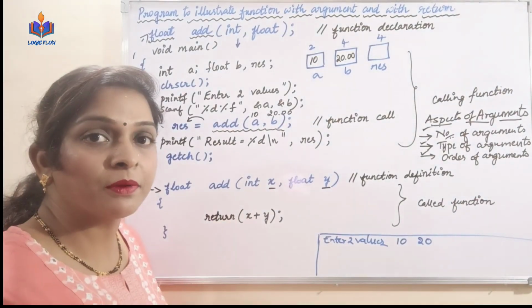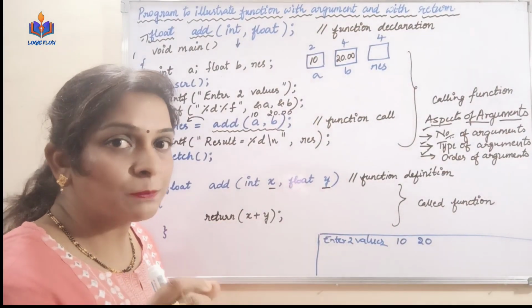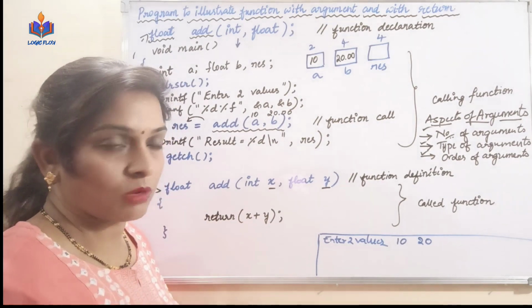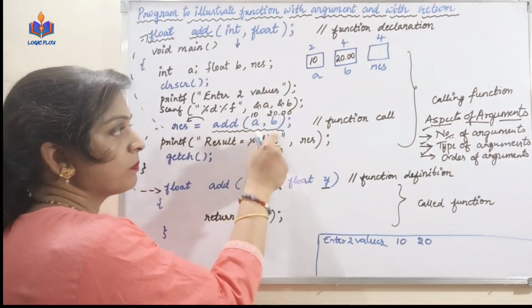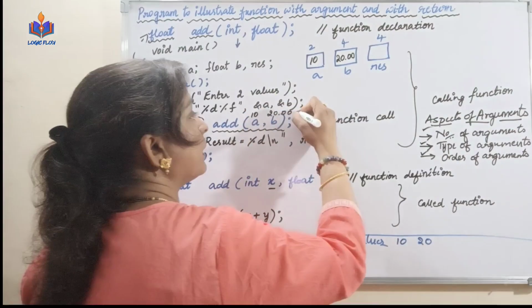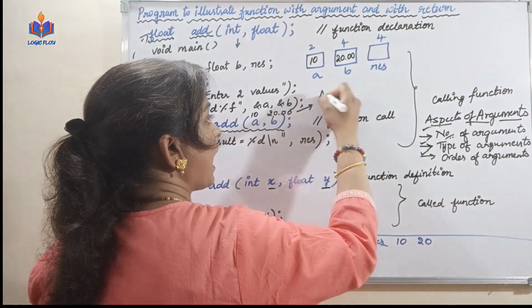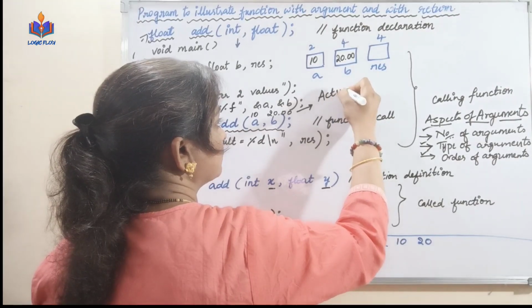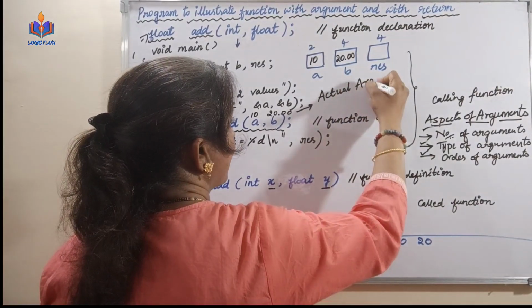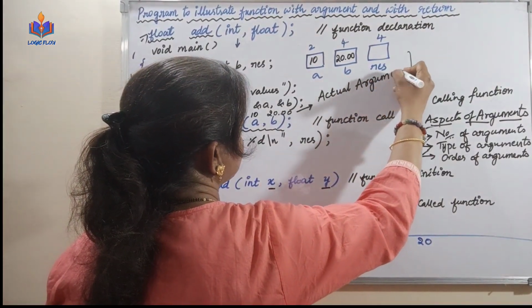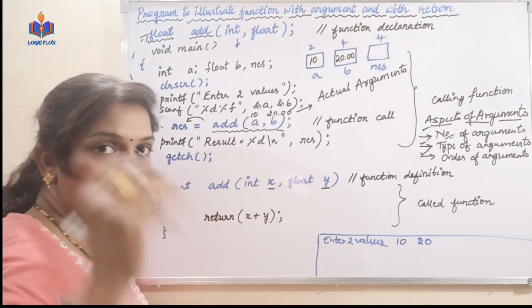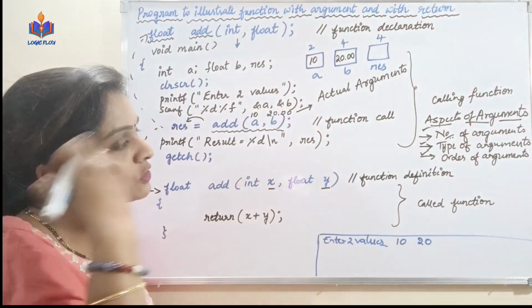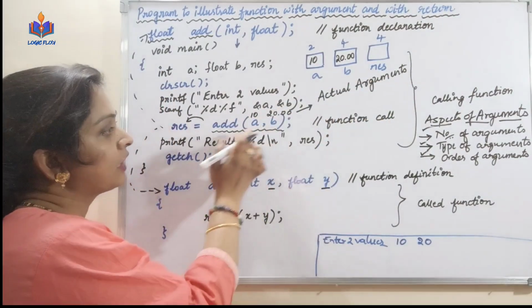So, coming to the concept of types of arguments. The arguments that we are sending here, a comma b, are called actual arguments. So what are actual arguments? The first point you should remember is that actual arguments are given in the function call.